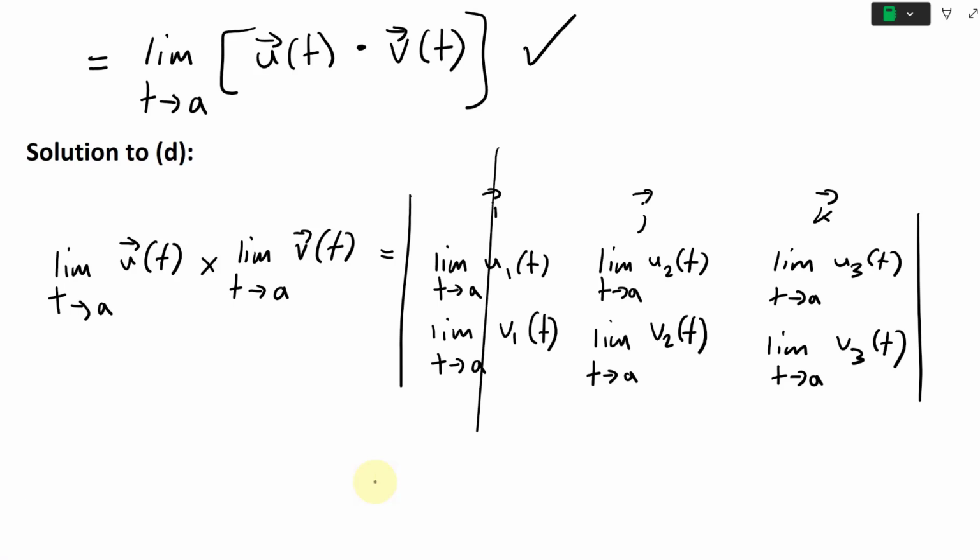Now we have this, we can do the cross product. If we recall how we do it, we cross out the first column, and then have this one multiplied by this, subtracted by this multiplication.